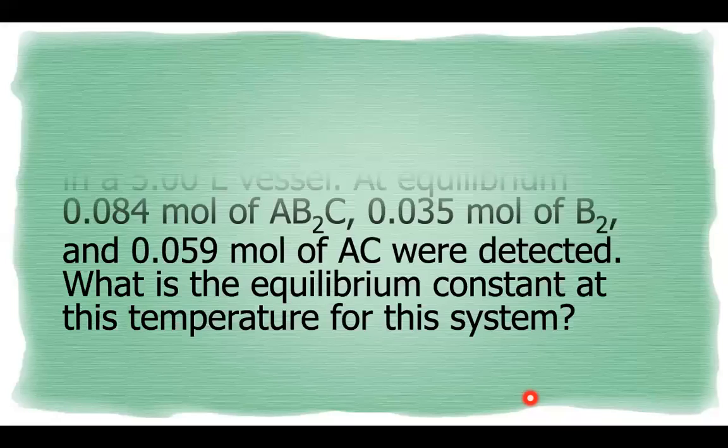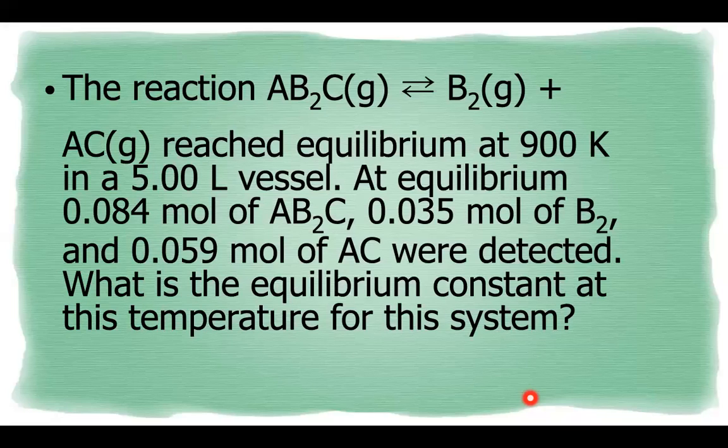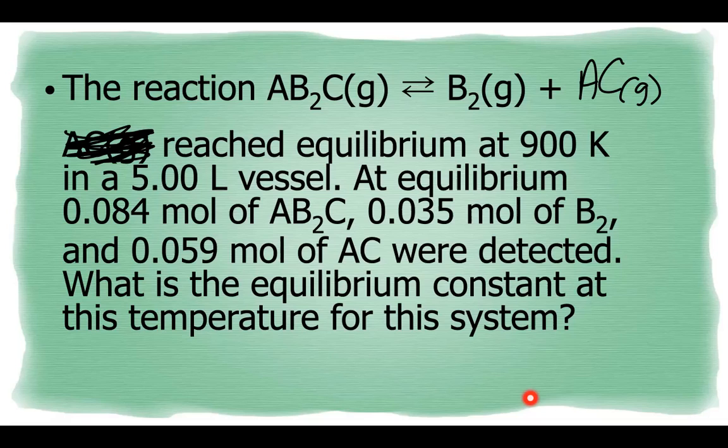All right, you guys try this one. The reaction AB2C yields B2 plus AC reached equilibrium at 900 K in a 5-liter vessel. At equilibrium, 0.084 moles of AB2C, 0.035 moles of B2, and 0.059 moles of AC were detected. What is the equilibrium constant? So here, you have to do one extra step, because I haven't given you the concentration in molar, but I have given you the amount of moles and the volume of the container.